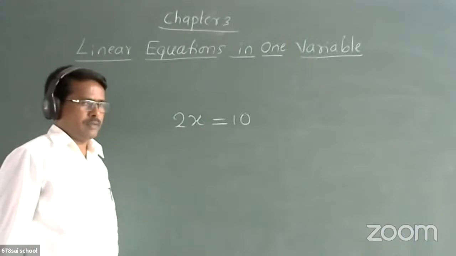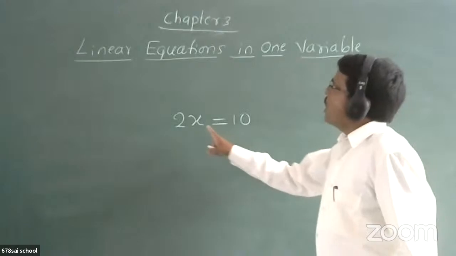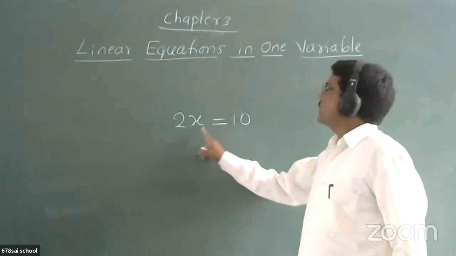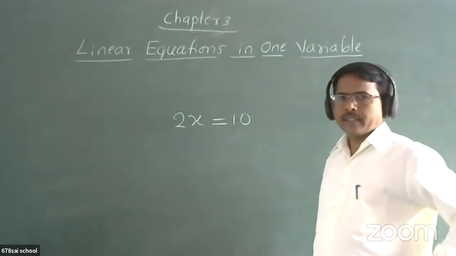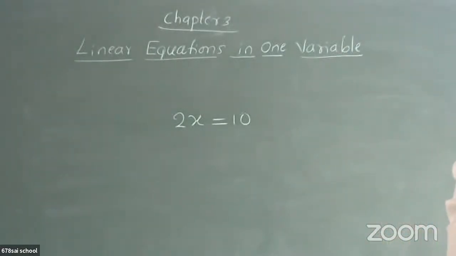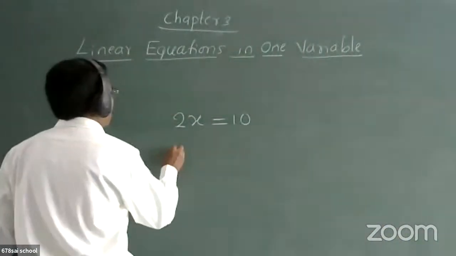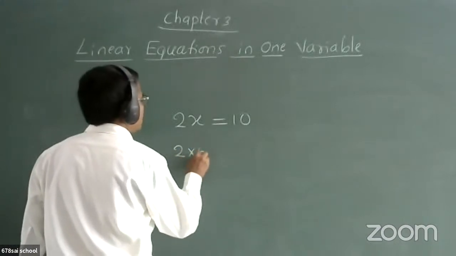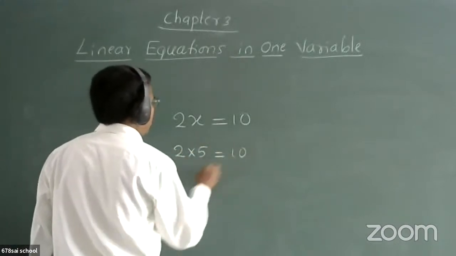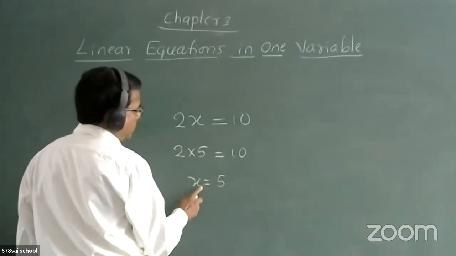So, what should be the value of x to get 10 here? Can anyone tell me what should be the value of x? 5. Correct. So 2 into 5 gives what? 10. So x value is 5.